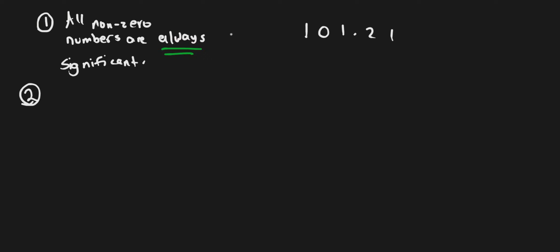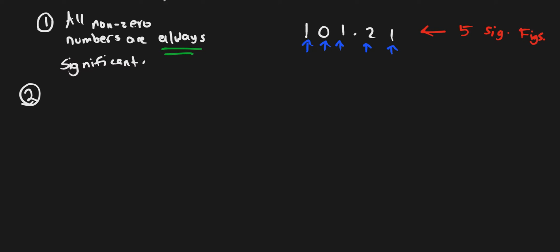Well, the rule states that any zeros between non-zero numbers are always going to be significant. This is significant, this is significant, this is significant, and this is significant. We know that from the first rule, always. This zero is between, so it's also going to be significant. That's our second rule. It's not very hard either. So this is going to be 5 sig figs.